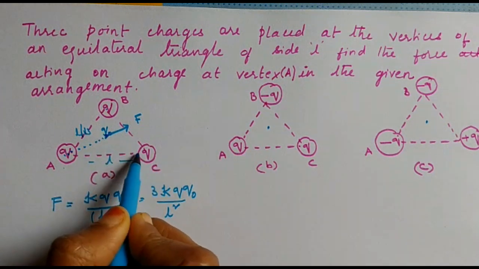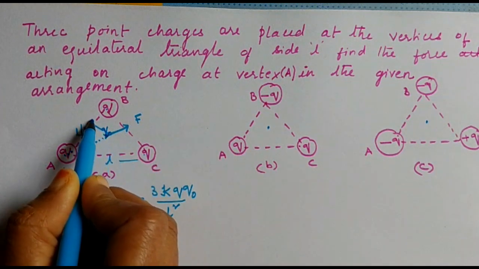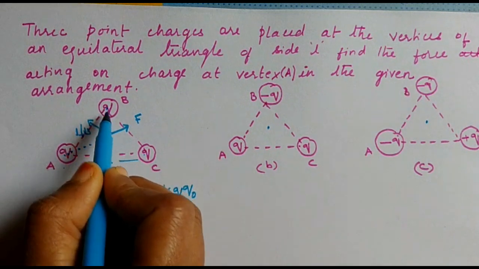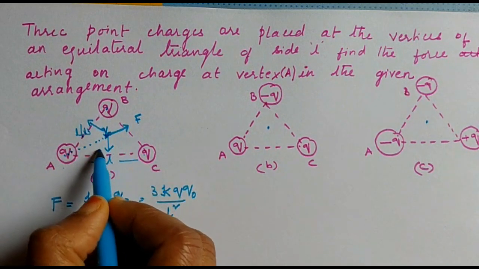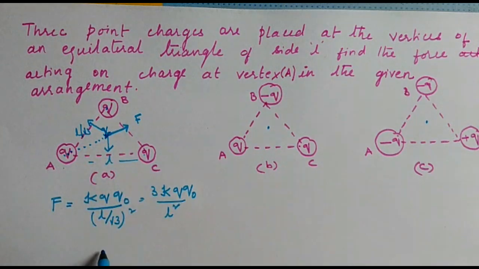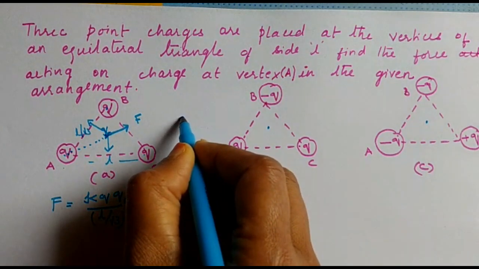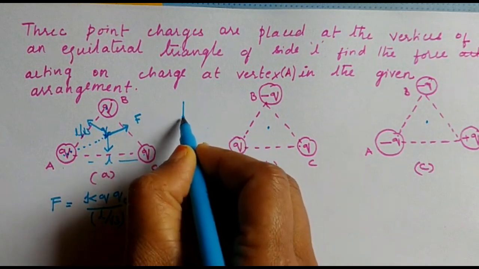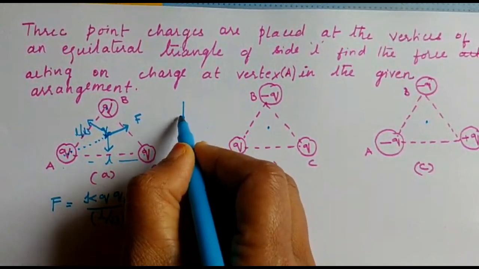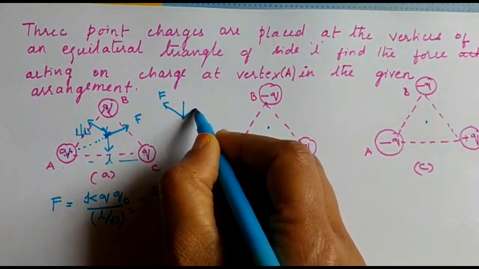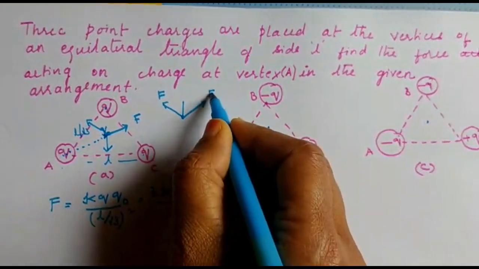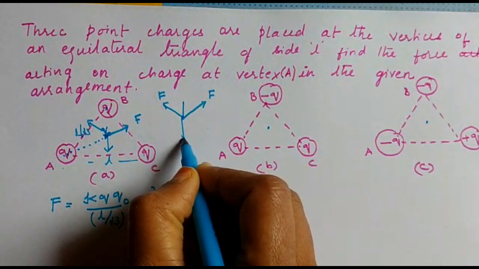Similarly, this charge is also repelled by C, so there is one more force directed away. Due to this also there is a force of repulsion, but all the three are equal in magnitude. So if this is your point and you have three forces acting as shown in the figure, this is one force F, this is another force, and down you have one more force.